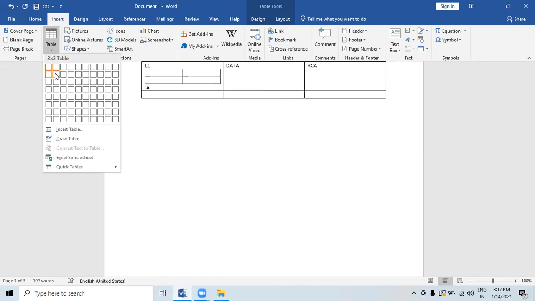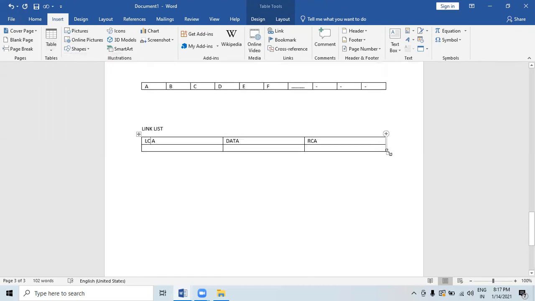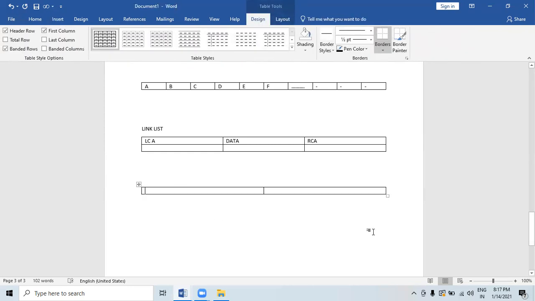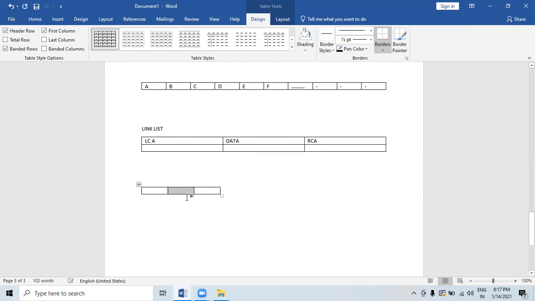सपोज सी लाइक दिस, हमने सपोज टेबल बनाया। ओके, हियर वी हैव टू प्रिपेयर। Then we have to prepare this table, like we have to make, okay, here we have to write a.